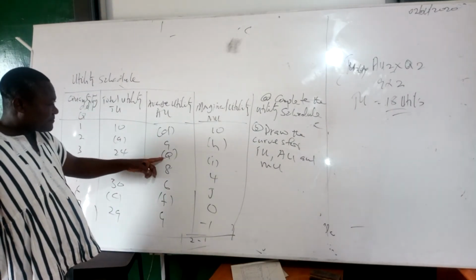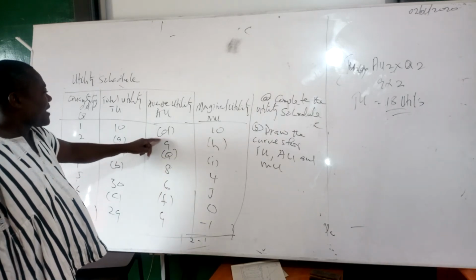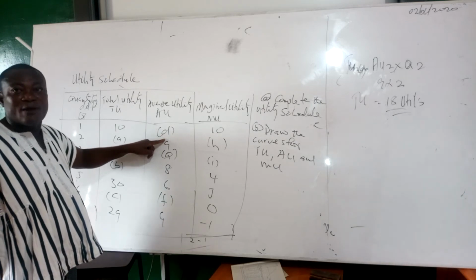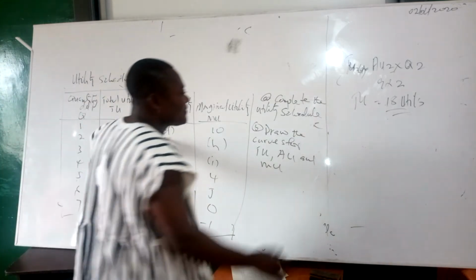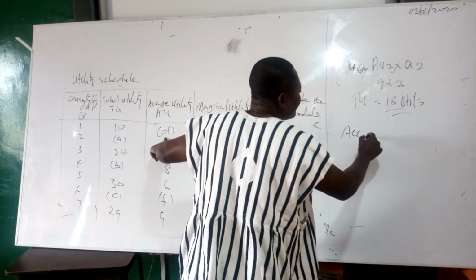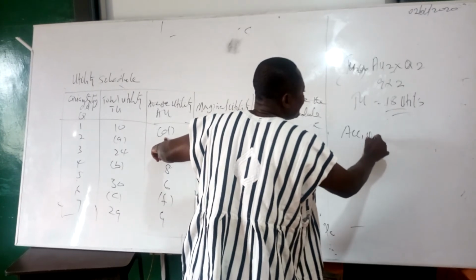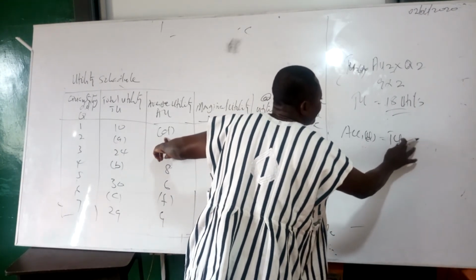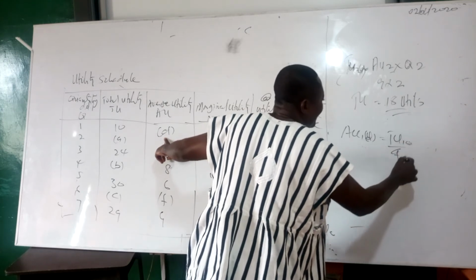Then let's look for average utility 1, which is D. Average utility 1 is equal to total utility 1 over Q1.